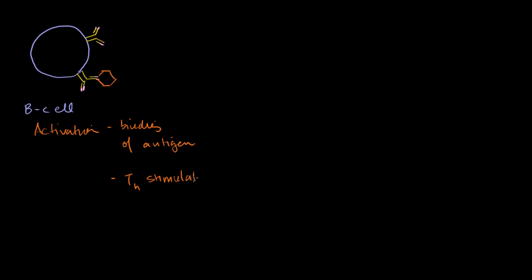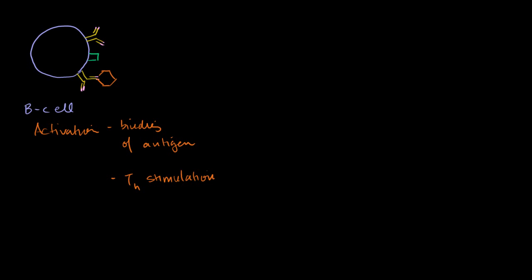And you might say, where does the helper T cell stimulate this guy? Well, B cells are also antigen-presenting cells, so it'll suck this guy in, break him up, and present him on an MHC2 complex. Let me do it someplace where I can draw a T cell coming in. Let's say this is an MHC2 complex.